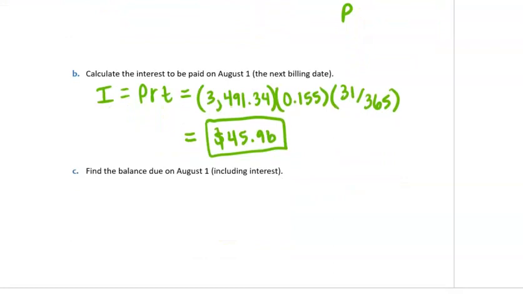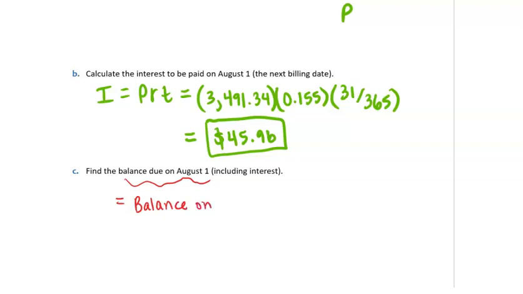In part C, we will find the balance due on August 1st, including interest. So the balance due on August 1st would be the ending balance for the previous cycle. So in other words, the balance on July 31st plus any interest that has accumulated.